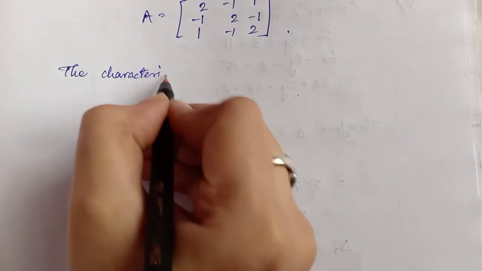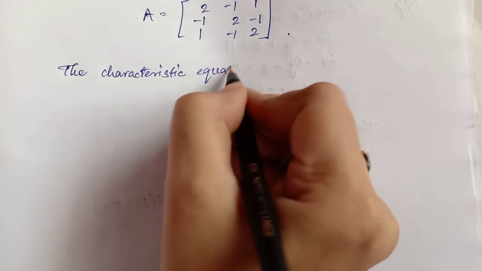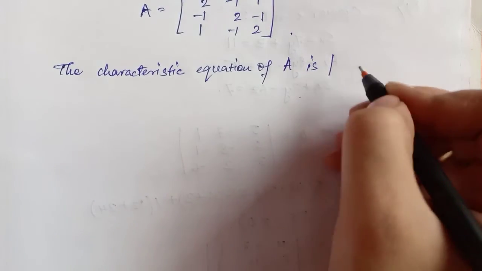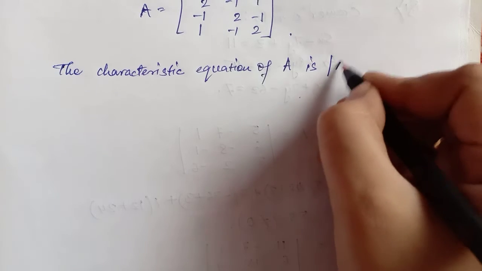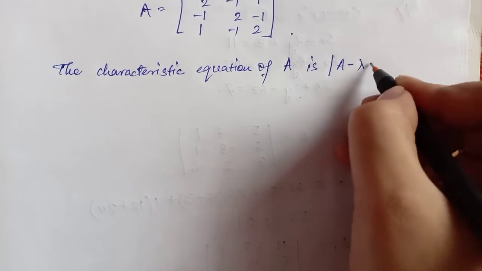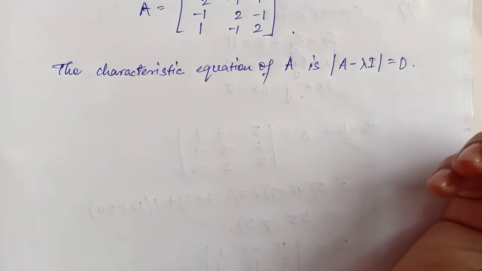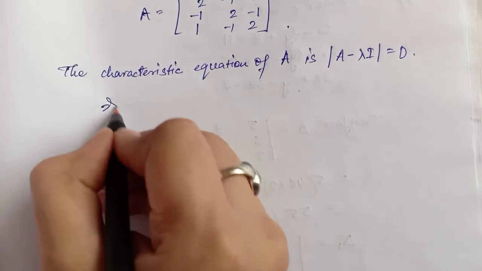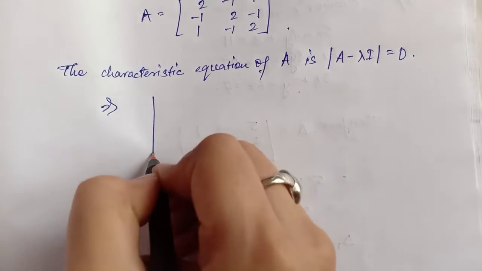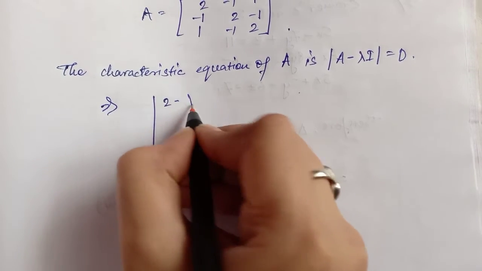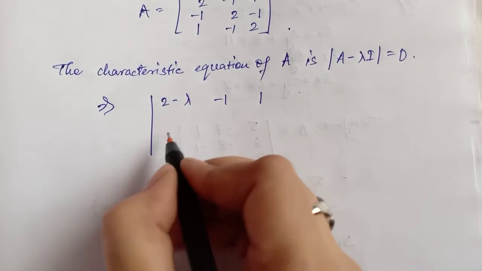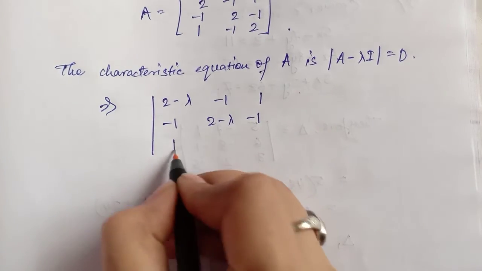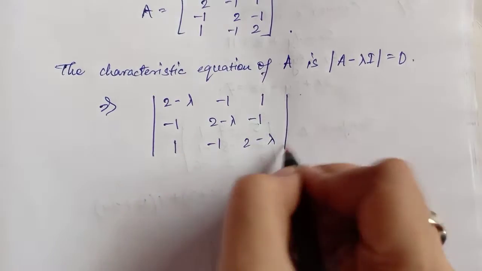The characteristic equation of A is mod A minus lambda I. This implies determinant 2 minus lambda, minus 1, 1, minus 1, 2 minus lambda, minus 1, and 1, minus 1, 2 minus lambda equals 0.